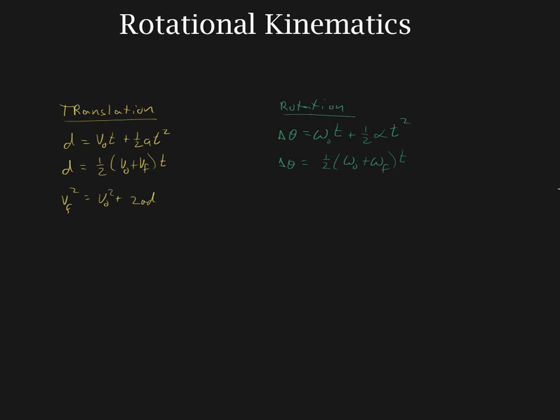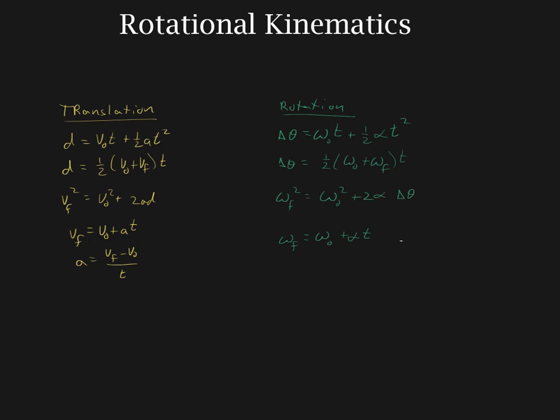And so in rotation, it becomes omega final squared is equal to omega initial squared plus 2 alpha delta theta. And then lastly, let's not forget the velocity function, which is really just the definition for acceleration. And so we have v final is equal to v initial plus at, or you may see it written as a is equal to v final minus v initial over t. And so in rotation, that's going to become omega final is equal to omega initial plus alpha t.